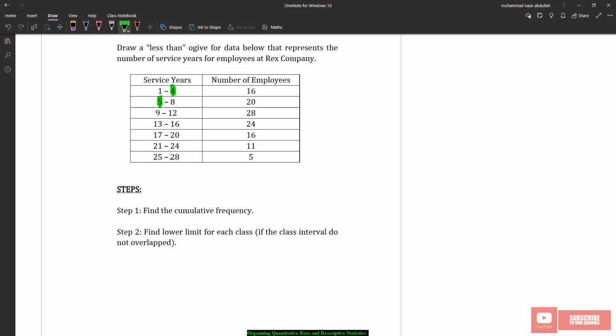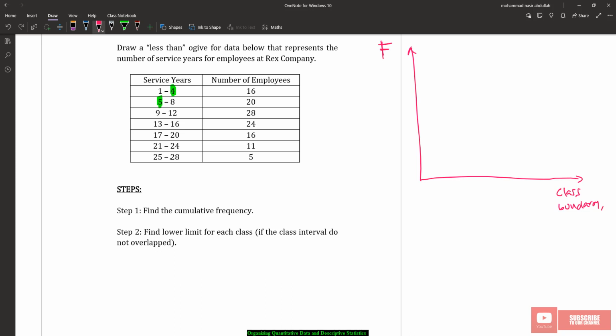So this is not in the form of class boundary. So in Ogive, the x-axis will represent the class boundary, right? Where the y-axis will represent the cumulative frequency, capital F.